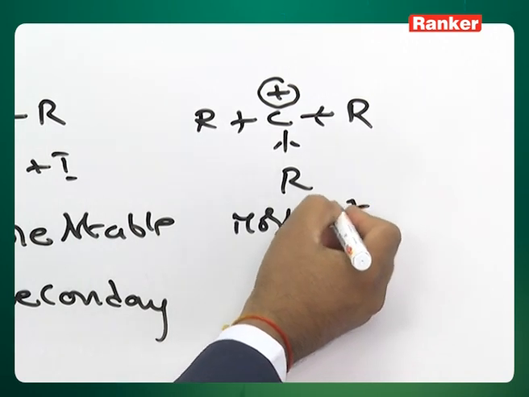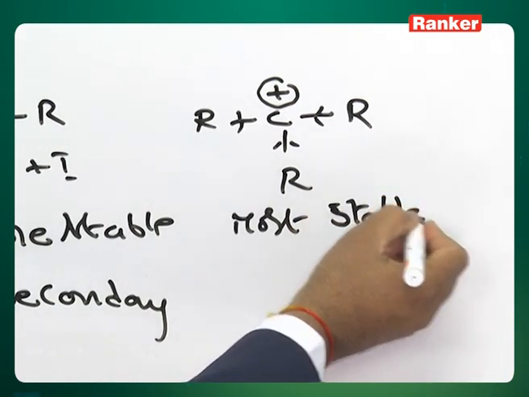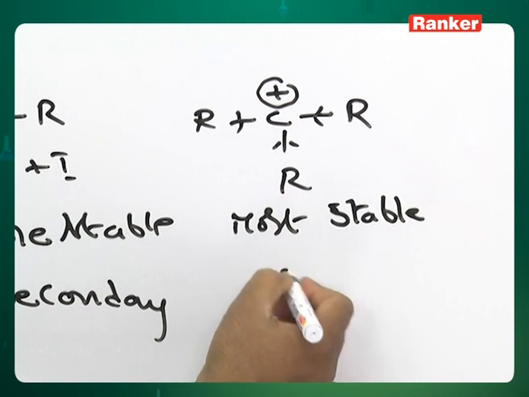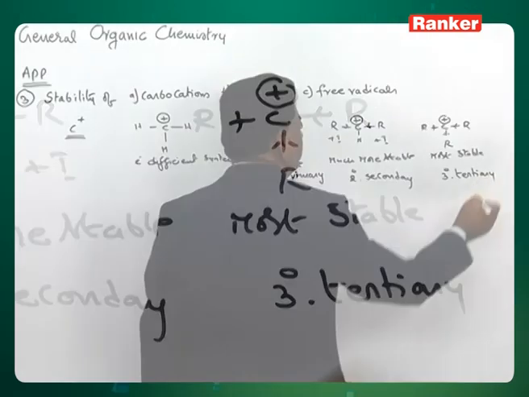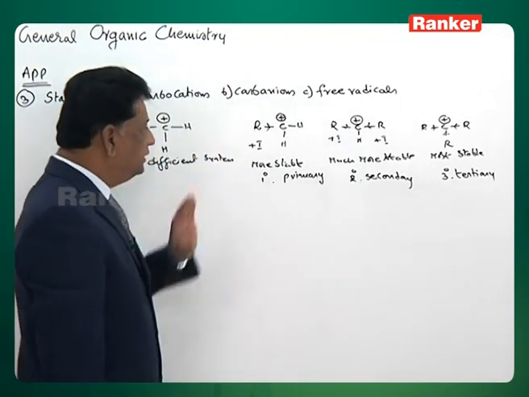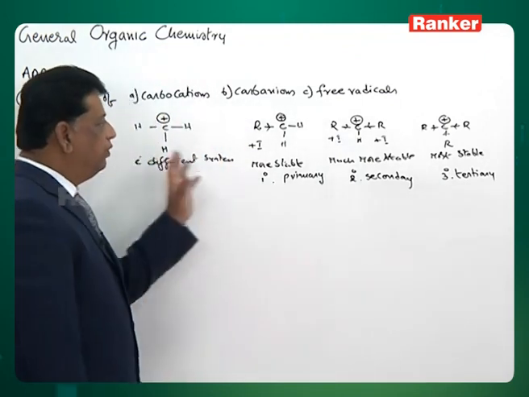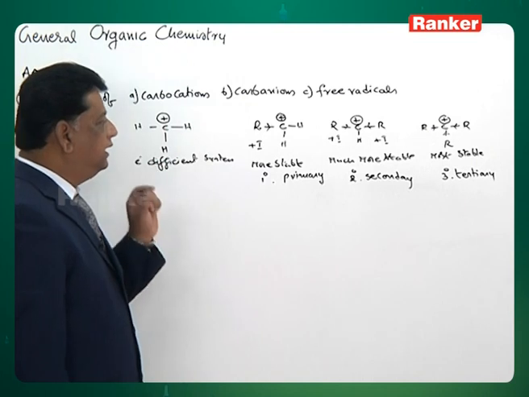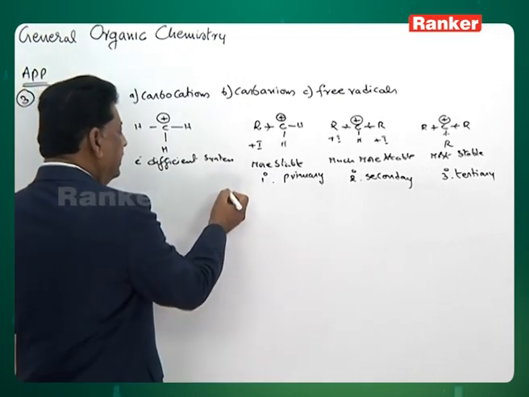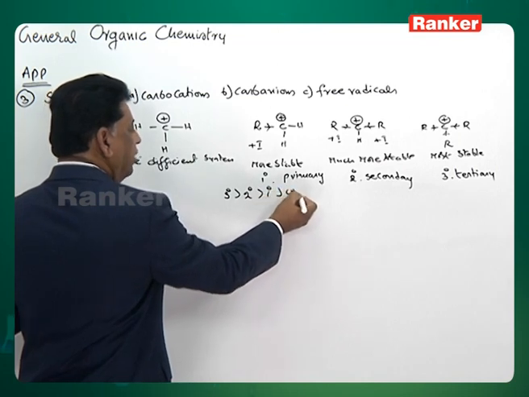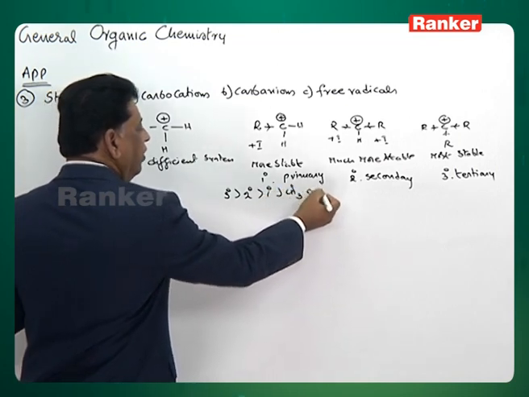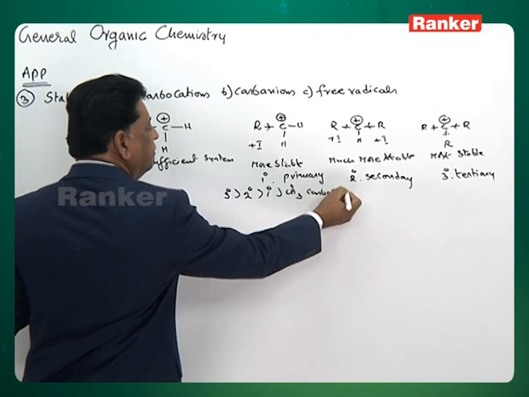The most stable carbocation is the 3 degree carbocation, or it is called a tertiary carbocation. So, without mentioning the R nature, if these 4 are given, you say that the 3 degree is more stable than the 2 degree, than the 1 degree, than the only methyl carbocation. So, this is the order of the carbocation stability.